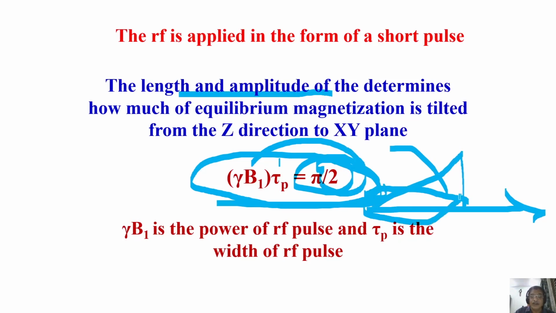The amount of magnetization tilted from the equilibrium position is defined by this pulse, and we can resolve into components and find out how much is the component on this axis. This is an important point. Remember, gamma B1 is the power of the pulse and tau P is the width of the pulse. I can manage this to get the magnetization tilted by any degree to any axis I want.